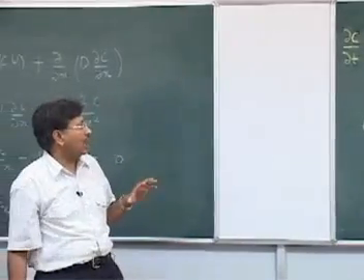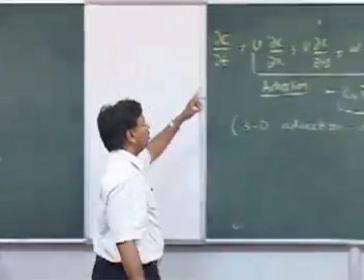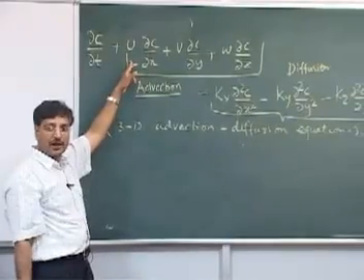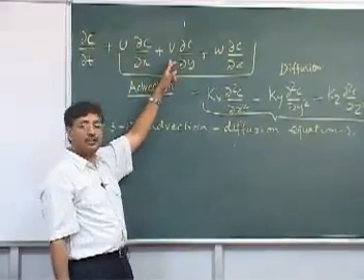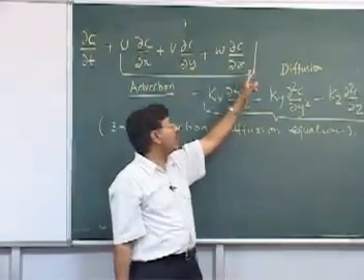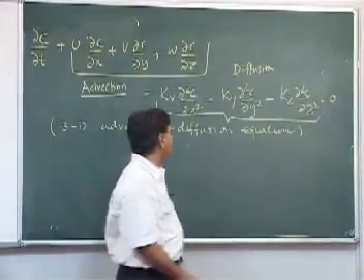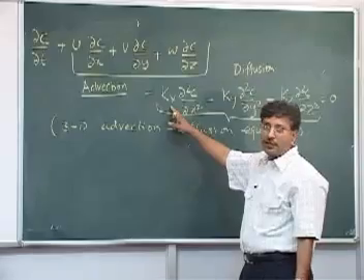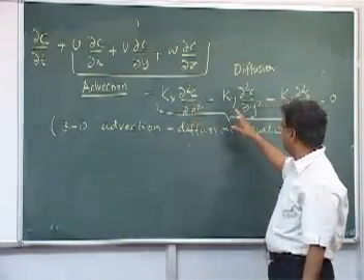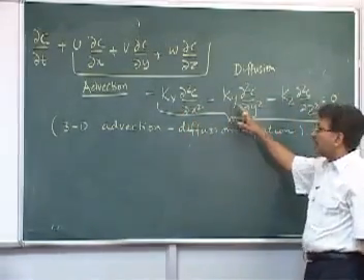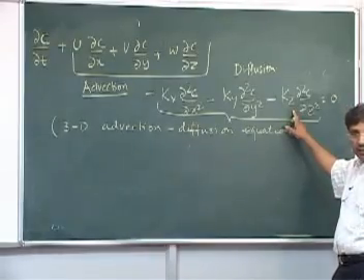Now let me explain. U is the velocity in the x direction, V is the velocity in the y direction, and W is the velocity in the z direction. Similarly, we have the turbulent diffusion coefficients in the x direction, the y direction, and the z direction. Clear?